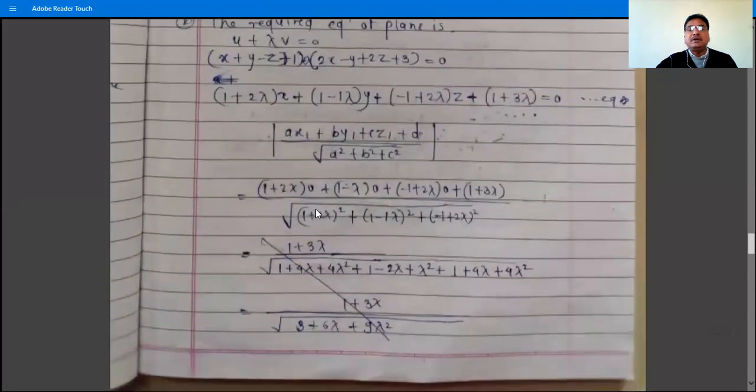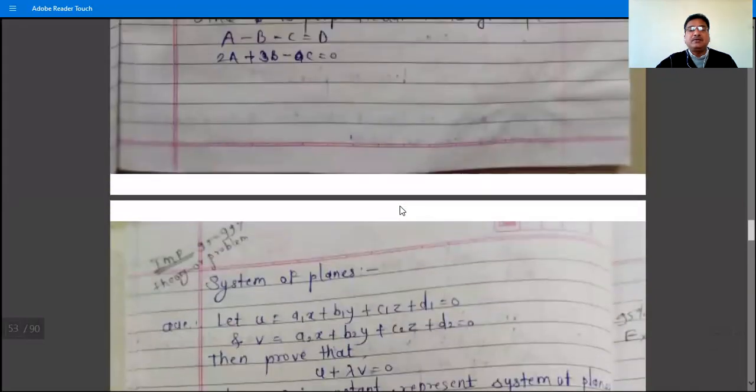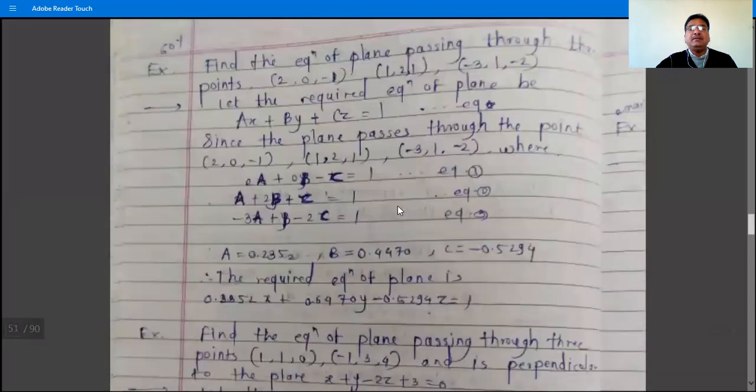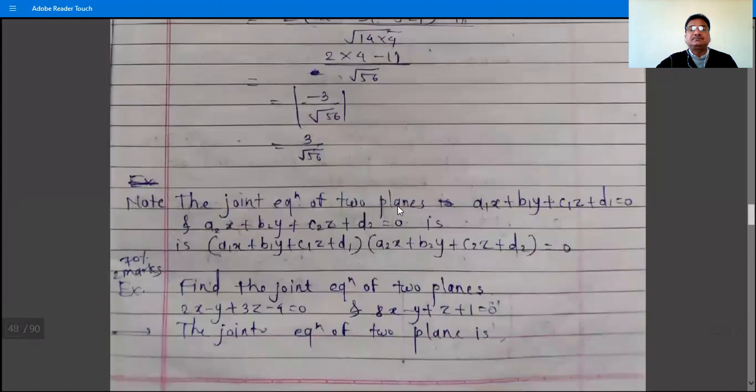So this is the formula to obtain the distance of a point from a plane. How can we obtain the distance of a point from any plane? The formula is given here.